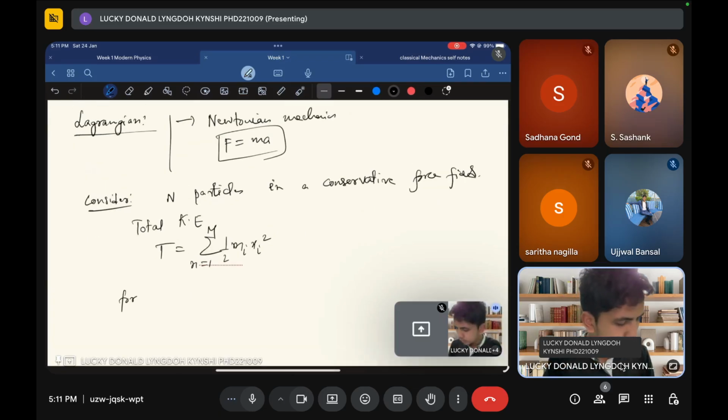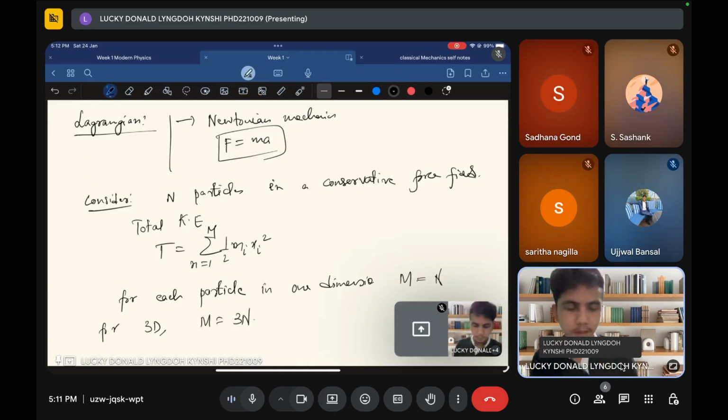For each particle in one dimension, the degrees of freedom is equal to n. For 3D, your degrees of freedom will be equal to 3n, because there is no constraint.